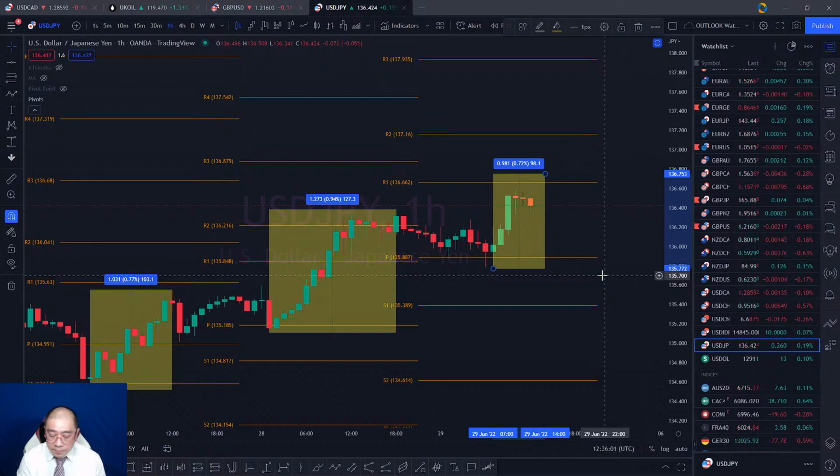Just a reminder, dollar yen typically doesn't move like this. It's only because the Japanese yen is weak that it produces a 100 pip range. If that issue is not there, dollar yen is actually a little bit more flat.